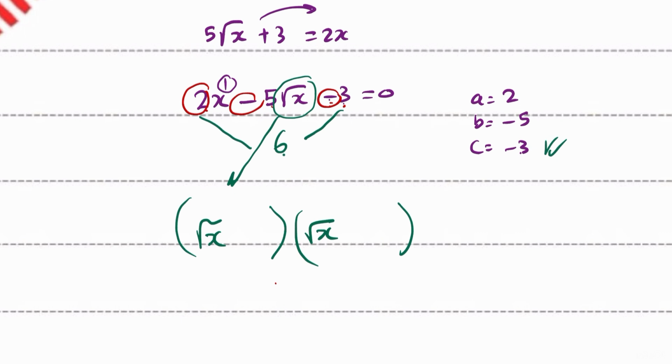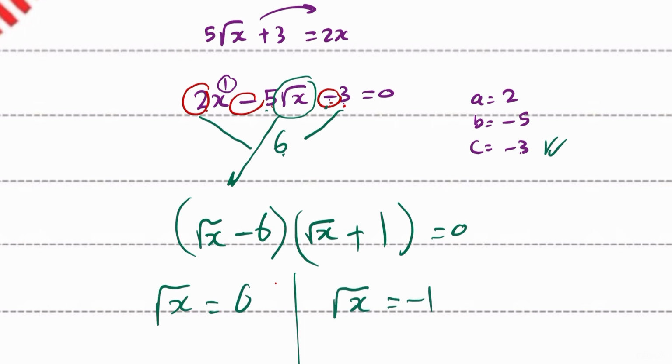I'm looking for the factors of 6 which, when we subtract them, equal 5, so we have 6 multiplied by 1. The signs here are different. Take the sign of the largest as negative, and the other one positive, equal to 0. So either square root of x is equal to 6, or square root of x is equal to negative 1.